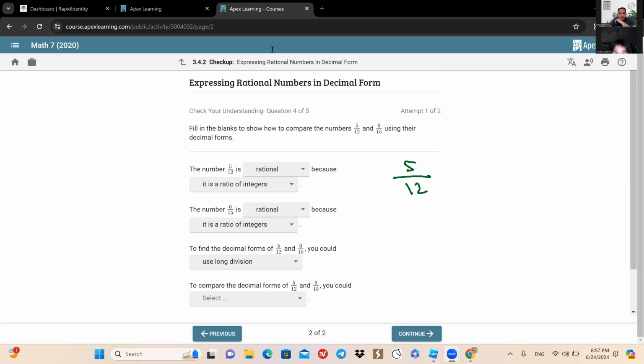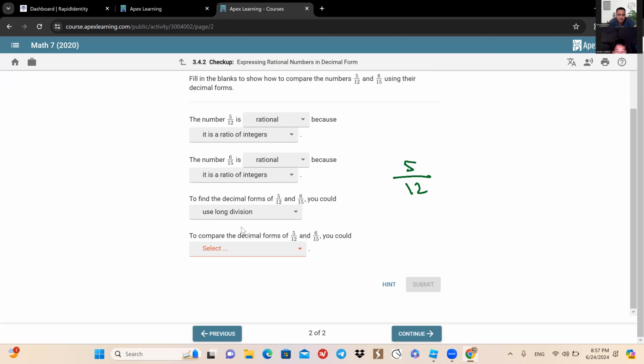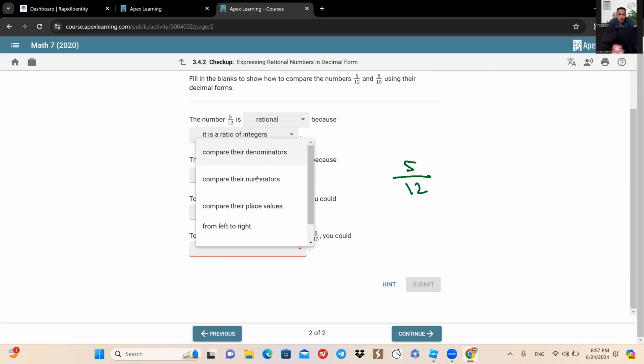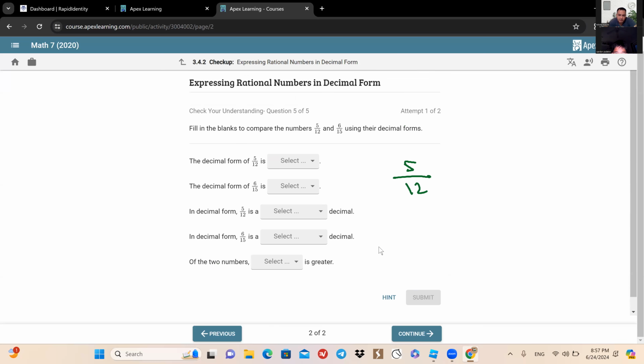To find the decimal forms of 5/12 and 6/15, you could use long division. To compare the decimal forms, you could compare their place values from left to right, right?